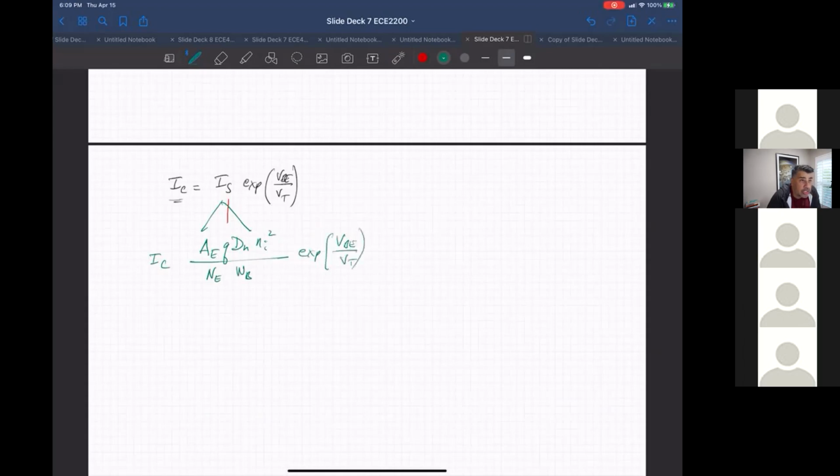There turns out to be VCE dependence, hidden in the width of the base, because we're implying that the width of the base is constant always, but it actually shrinks a little with increasing VCE.